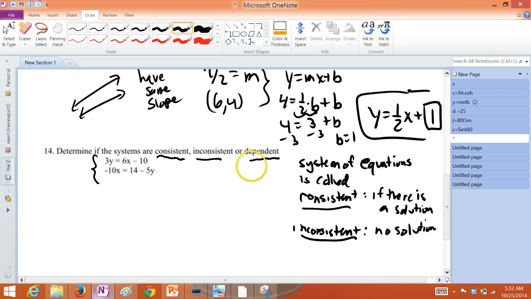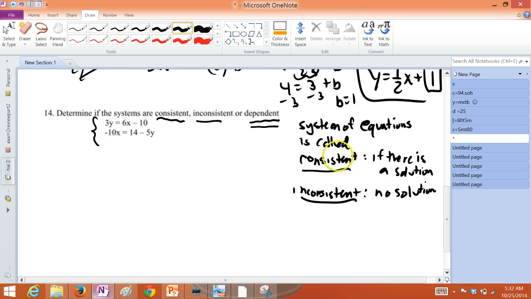Dependent. A system is called dependent when basically you really don't have a system. Ultimately, you have the equation of one line, and then you have that same equation just written in a different manner, or maybe doubled. 2y is 2mx plus 2b.